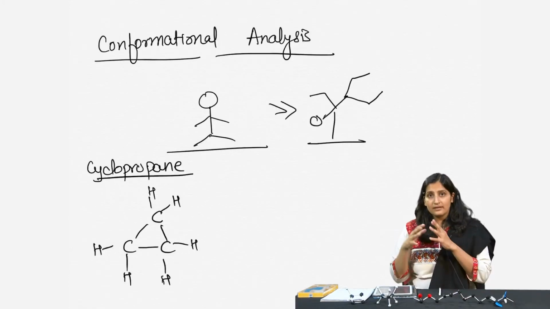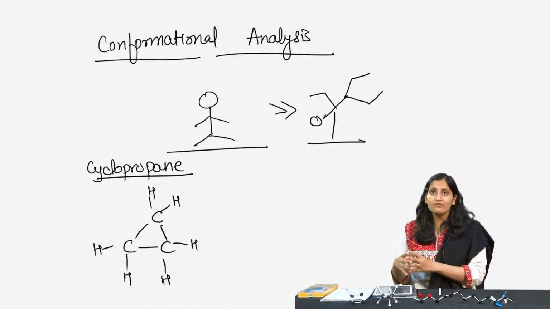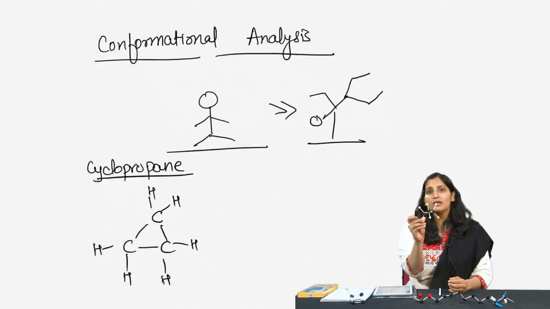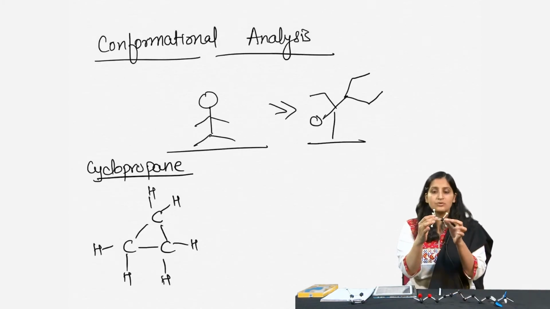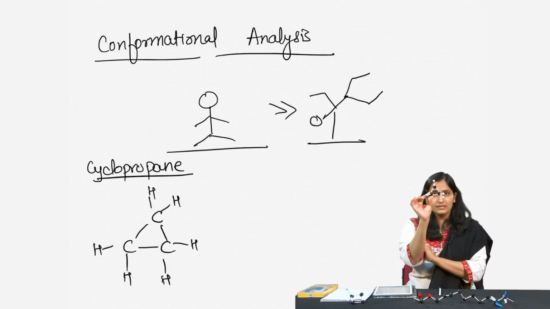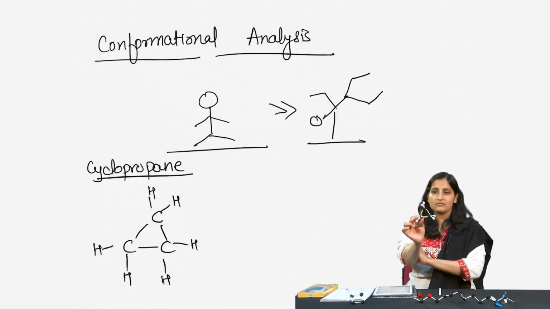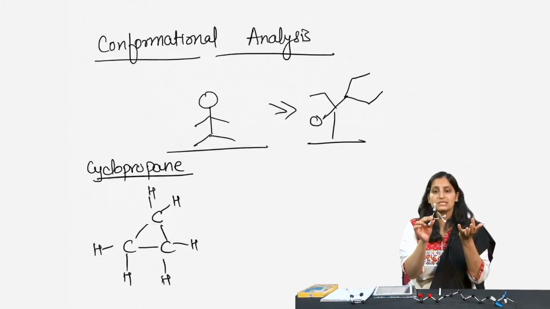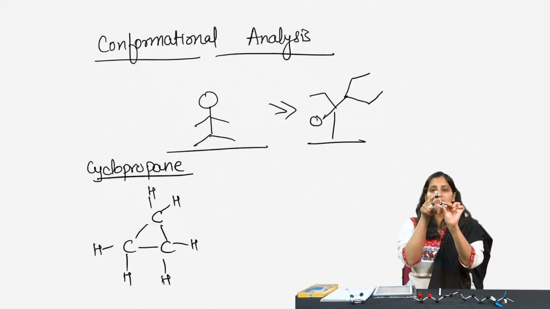But remember that a 2D representation is never really the clear representation for a molecule. So, I have made a 3D model of cyclopropane. Even in this model, which is a representation with the help of some plastic balls and sticks, you can see that the bonds are kind of bent. They are not straight bonds.